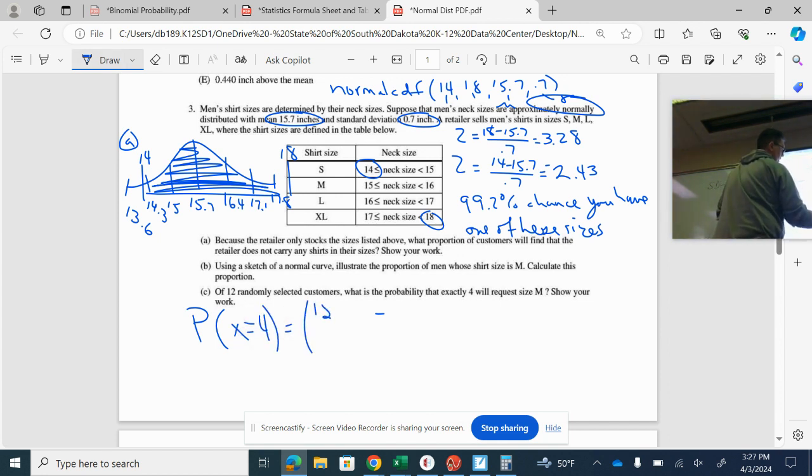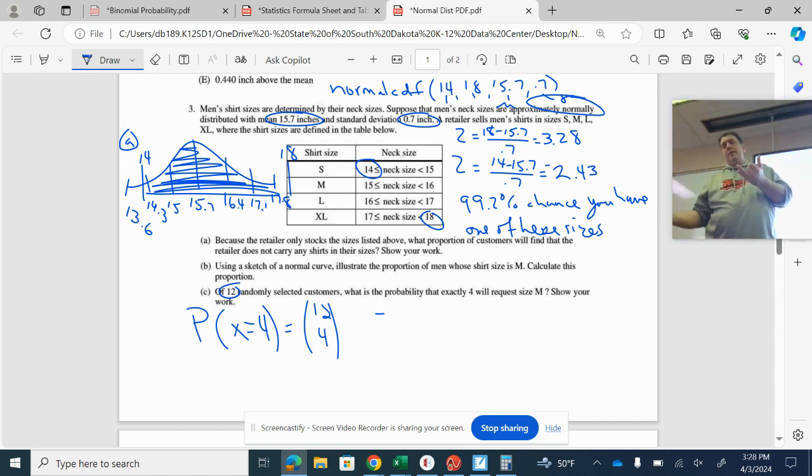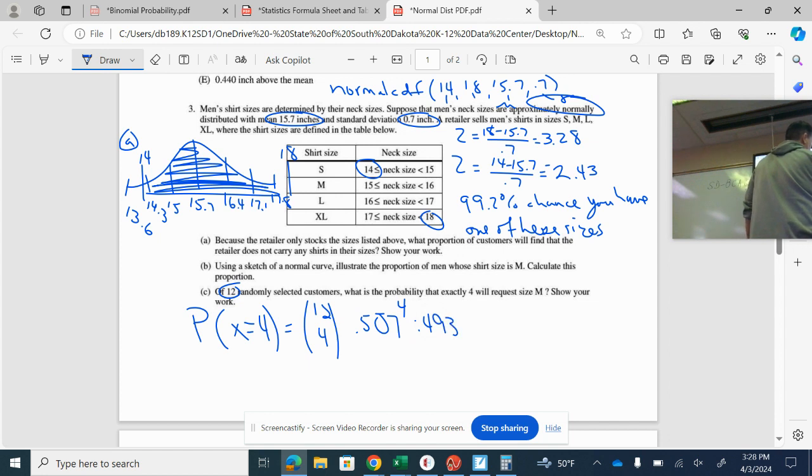You're drawing 12, with 4 mediums. How do I know it's binomial? They're giving me a certain number of draws. We've got a success-failure situation. It's either a medium or it's not. We've got a probability given of 50.7 from the prior problem, 0.507, and we've got an independent situation. That's the SIP that we talked about, plus the criteria for binomial is that it's a certain number of draws. Now we take 0.507 to the 4 times 0.493 to the 8.